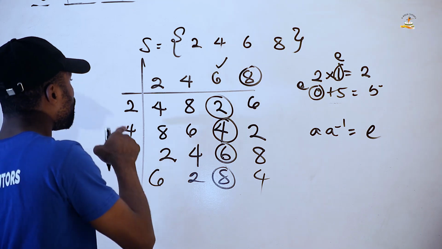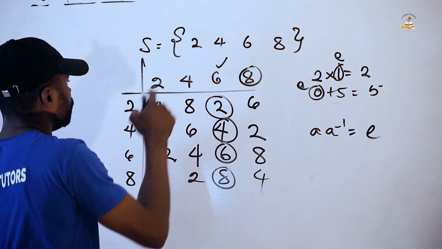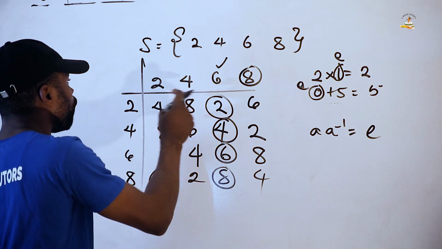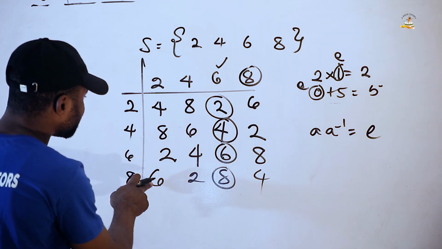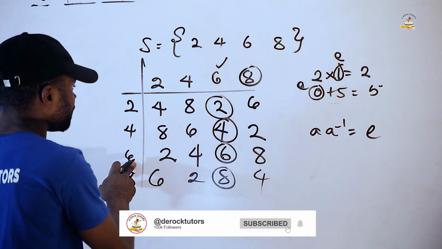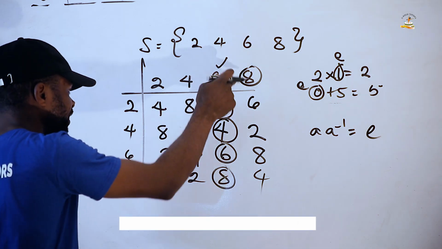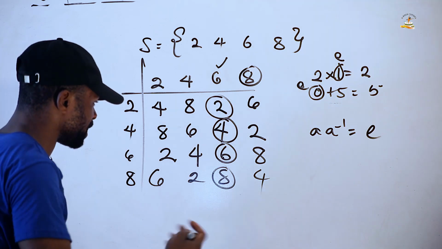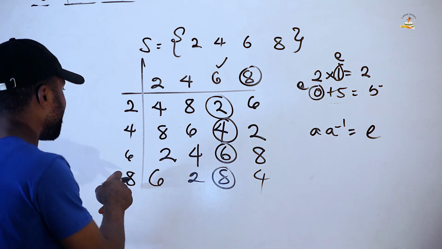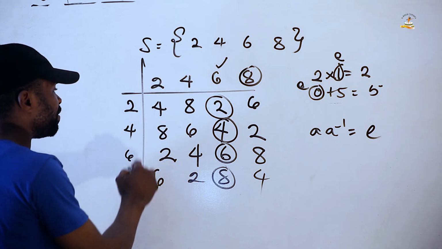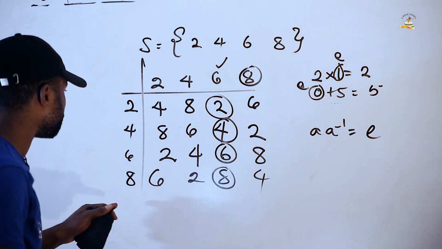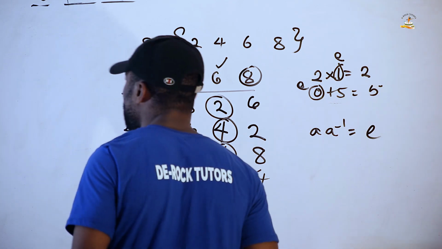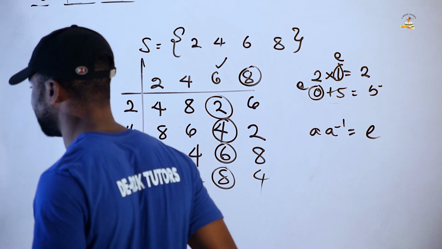If you operate 4 and 4, you will get 6, meaning that the inverse of 4 is 4. If you operate 6 and 6, the result is still 6, meaning that the inverse of 6 is 6. If you operate 8 and 2, what you have is 6. The inverse of 8 in this case is 2. It implies that there is no element without an inverse.